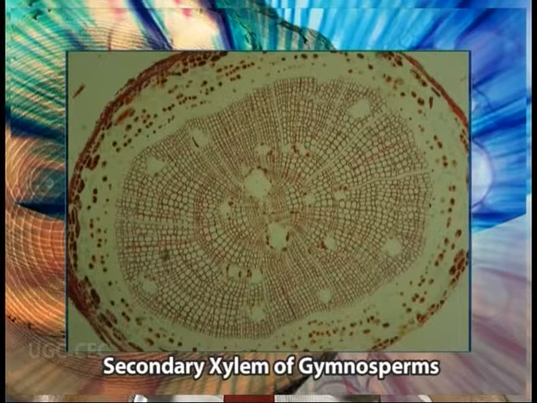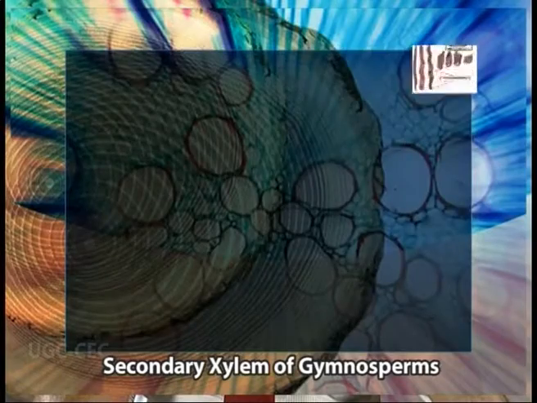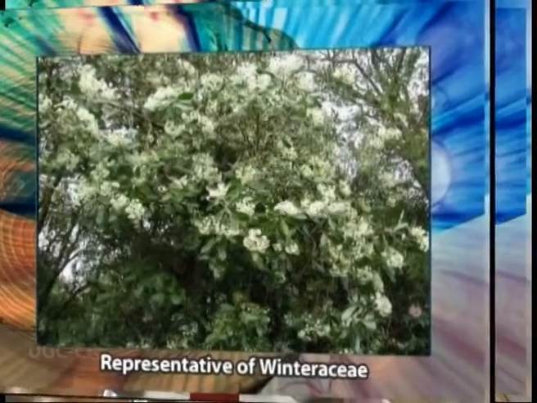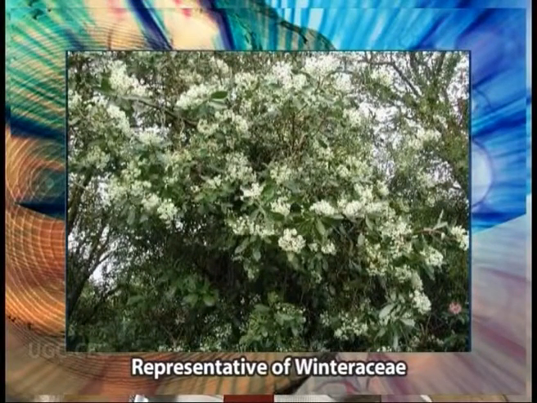In dicotyledons, support is provided largely by fibers and longitudinal transport by vessel members, except in most primitive angiosperms, for example, members of Winteraceae of Magnoliidae, which lack vessel members. The secondary xylem of these primitive taxa closely resembles that of gymnosperms, the axial system being composed primarily of tracheids.